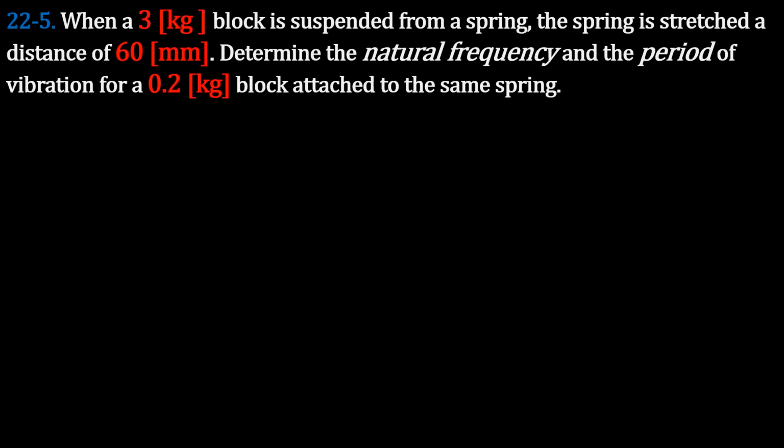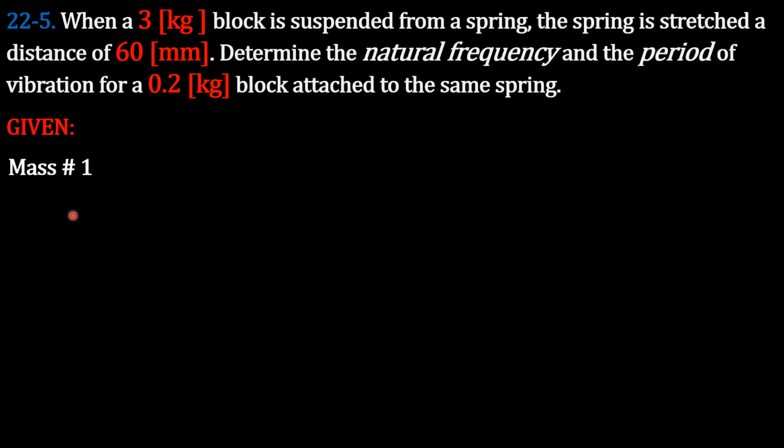All right, problem number 5. So when a 3 kilogram block is suspended from a spring, the spring is stretched a distance of 60 millimeter. Determine the natural frequency and the period of the vibration for a 0.2 kilogram block attached to the same spring.